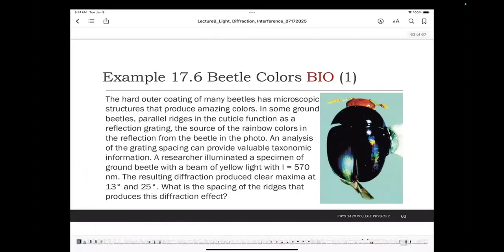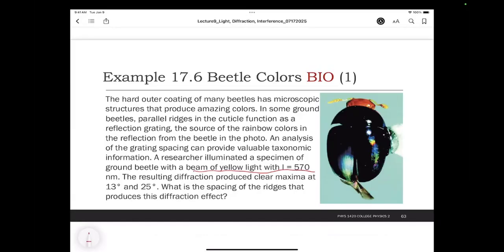This is the source of the rainbow color in the reflection from the beetle in the photo. An analysis of the grating spacing can provide valuable taxonomic information. A researcher illuminated a specimen of a ground beetle with a beam of yellow light. He did an experiment using a beam of yellow light with the wavelength equal to what?